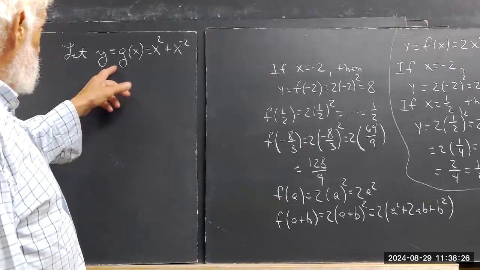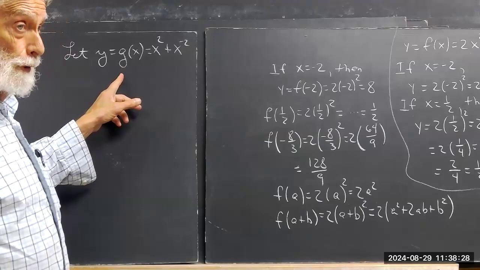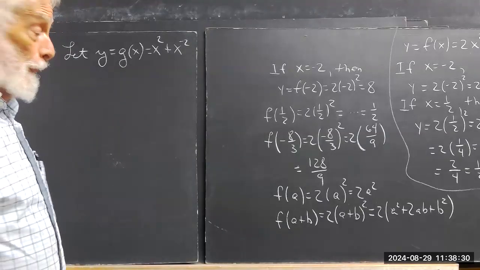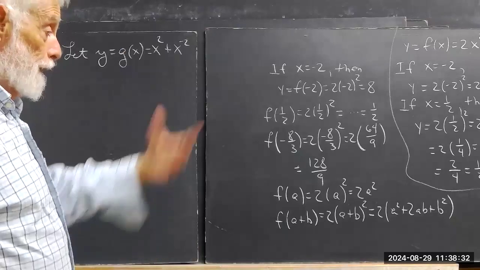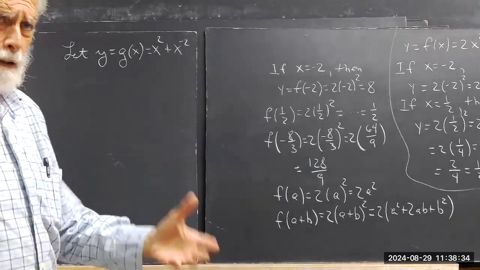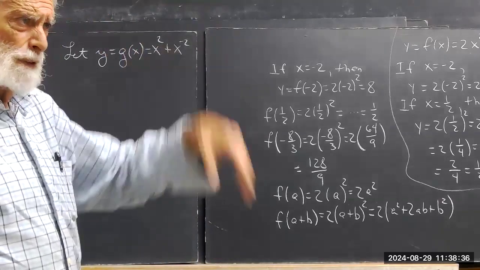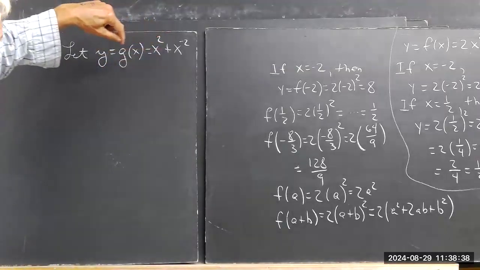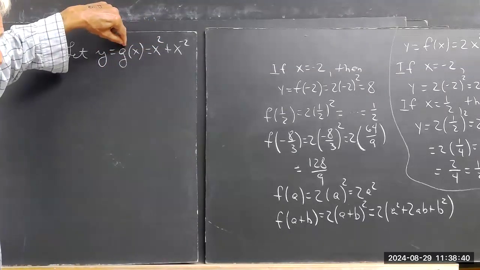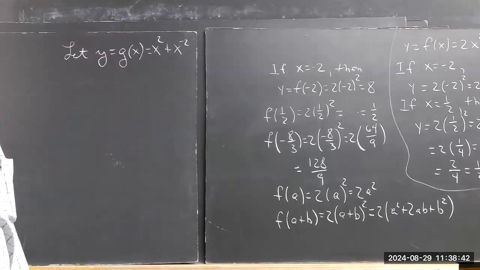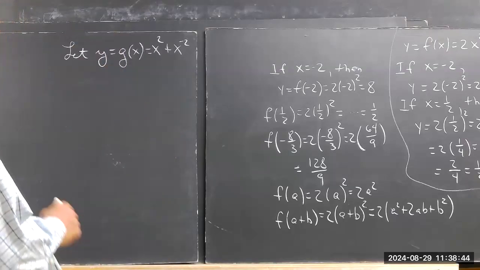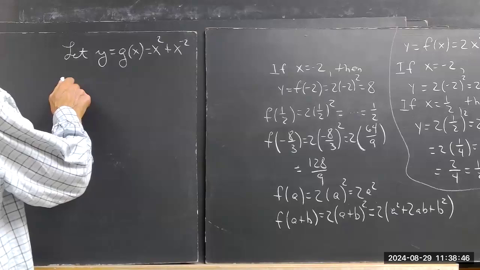Now, usually we make it brief. We use some kind of symbol, usually a letter of the alphabet. So I used F. The next letter in the alphabet is G. Is that right? Everybody know the alphabet? Okay. Seriously. So I'm going to call this function G. The rule's the same.